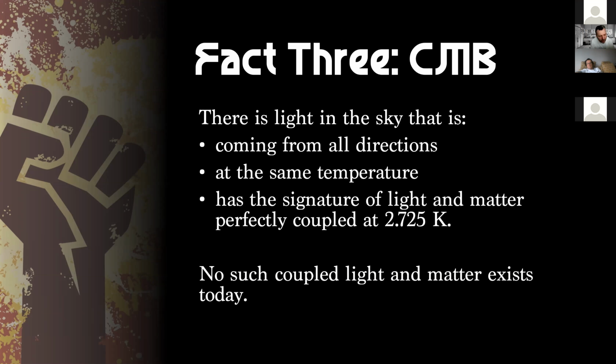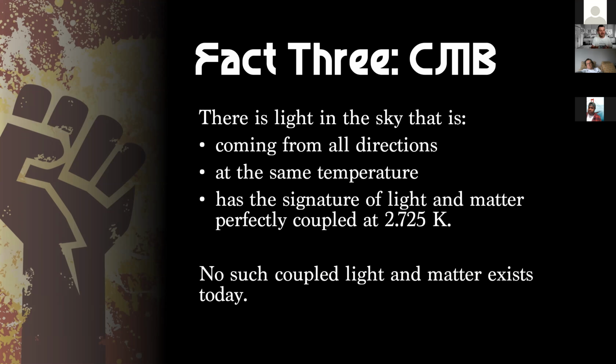And there is no place in the universe today where light and matter are coupled together at that temperature. Okay? Now, Fred Hoyle was desperate to try and explain where the cosmic microwave background radiation comes from in his picture.